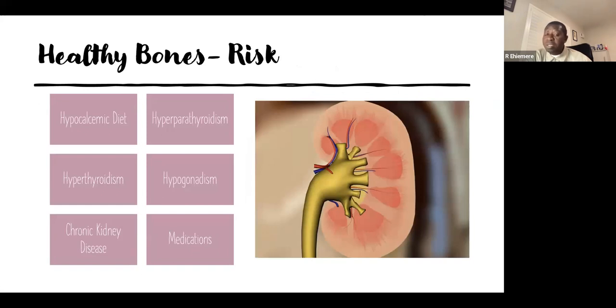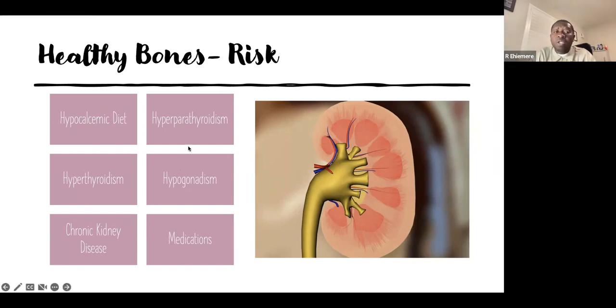Diet, we mentioned, is an important factor, not just for the heart, but for the entire well-being of most persons with different conditions. If you look carefully, there is a dietary determinant or component to it. And that doesn't exclude a healthy bone. We talked about a great component of bones being calcium.